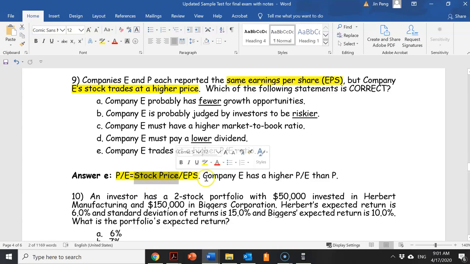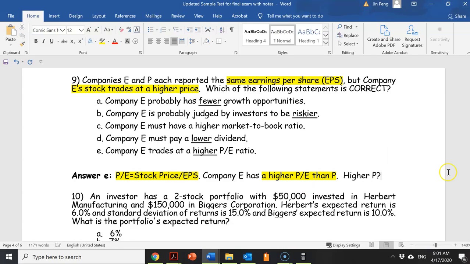Okay, so Company E has a higher P/E ratio than Company P because it has the same EPS and a higher stock price. And remember what P/E ratio means?